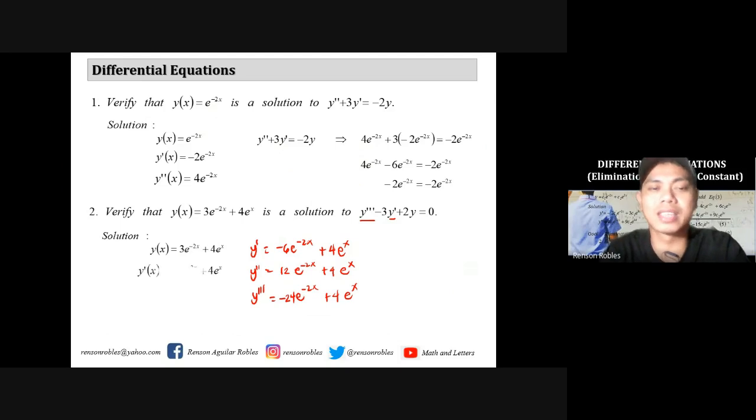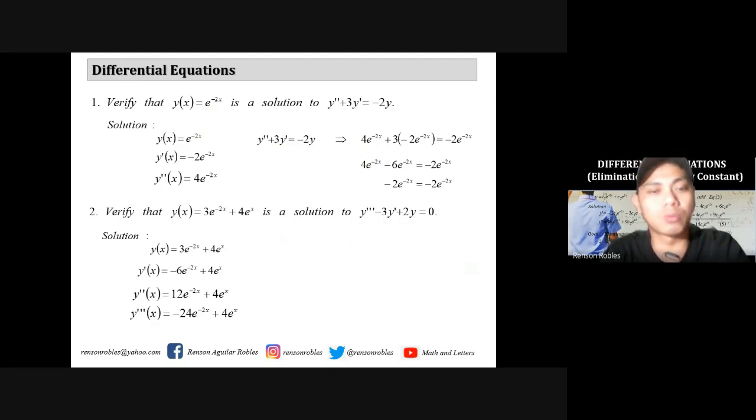So you got these derivatives. Okay, and then the next thing we need to do now is to replace y triple prime, y prime, and y by the equations we obtained earlier.